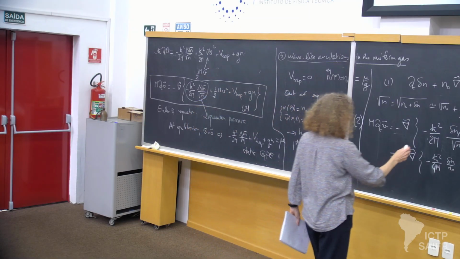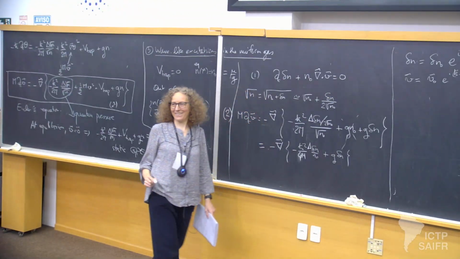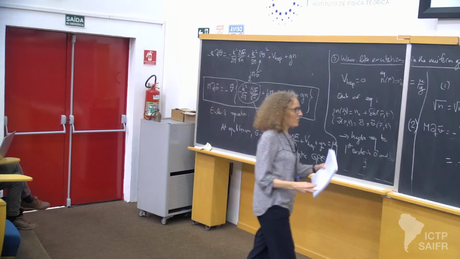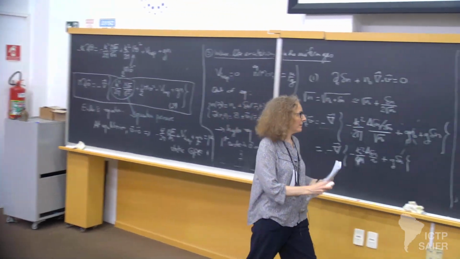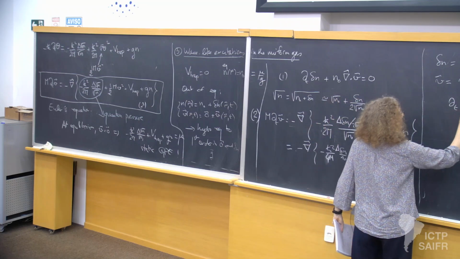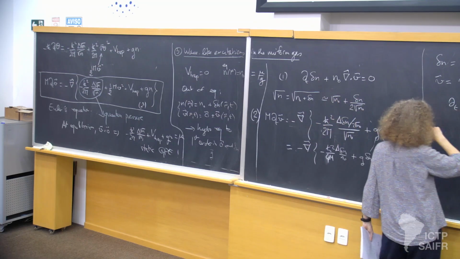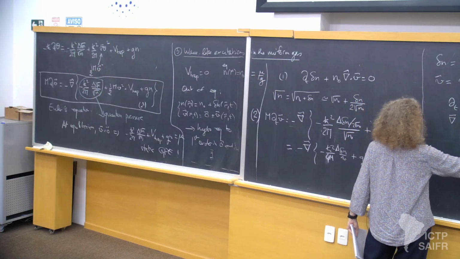Yes, you are right, of course. Much better. Otherwise, I will be in trouble. So the interest of writing it that way is that my derivatives become very simple. Time derivative gives me minus i omega, and gradient gives me i k.